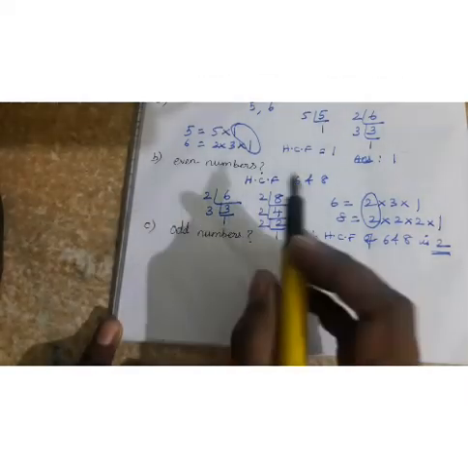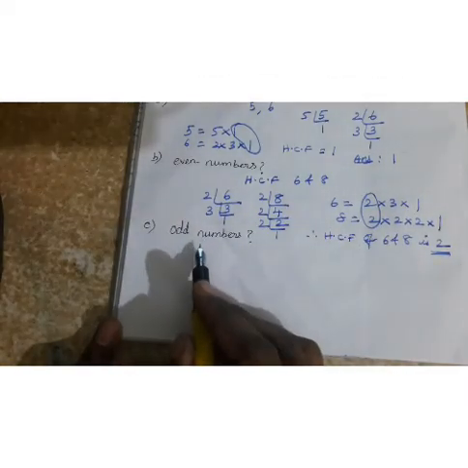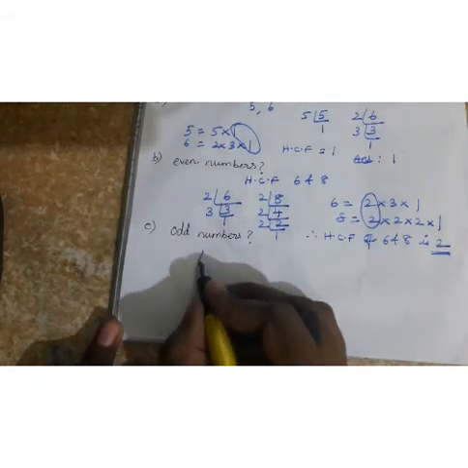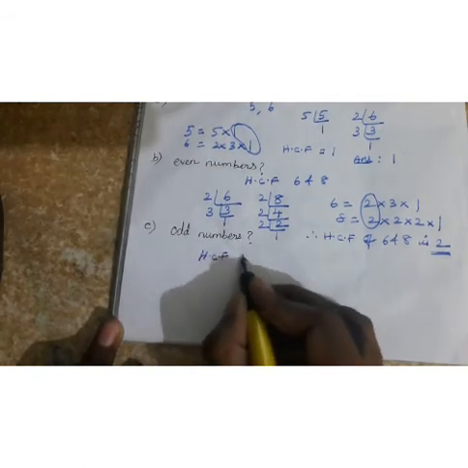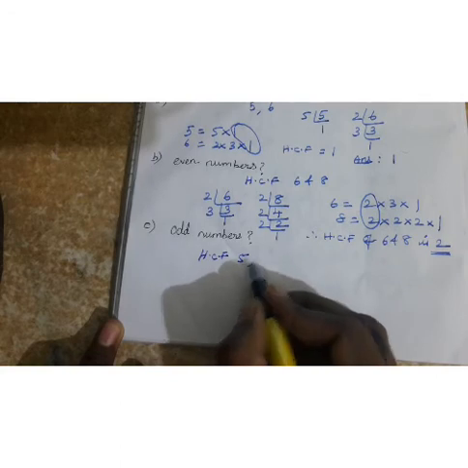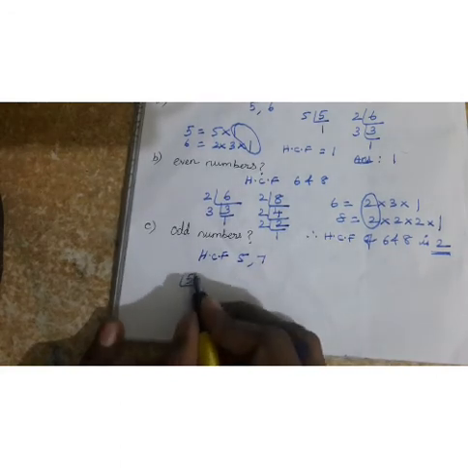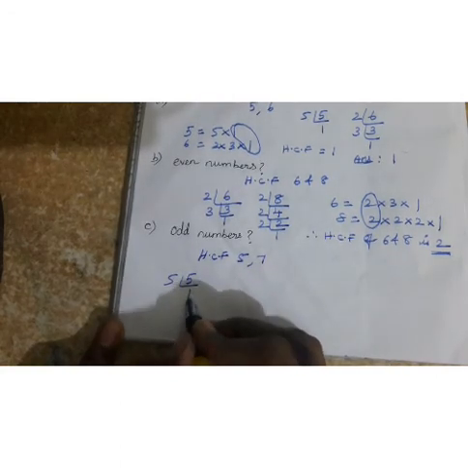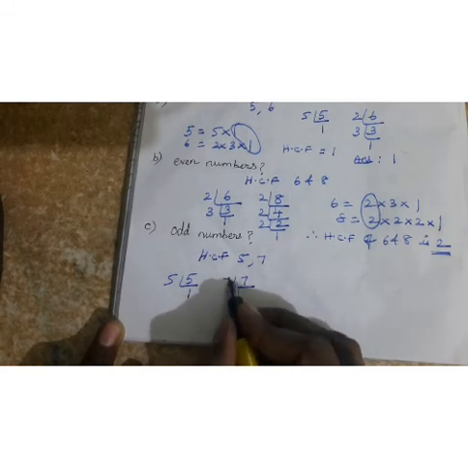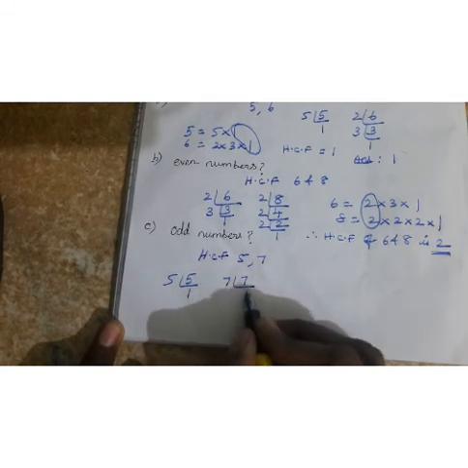C part. What is the HCF of two consecutive odd numbers? Let the two consecutive odd numbers be 5 and 7. 5 divided by 5 gives 1. 7 is a prime number which divides by itself. 7 divided by 7 gives 1.